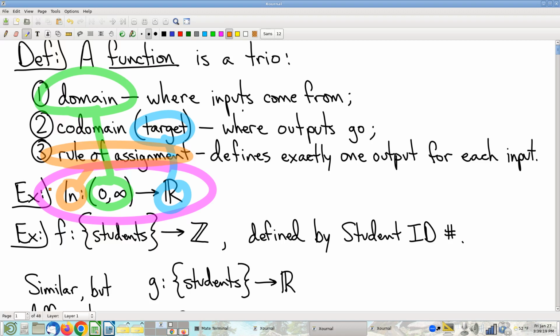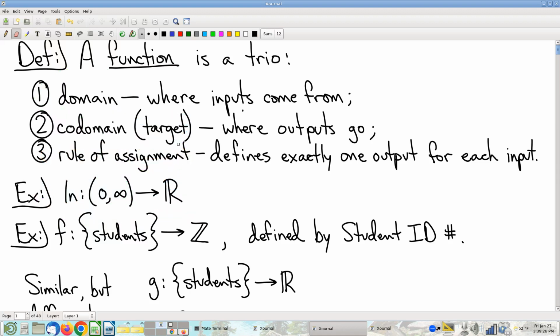It's a pre-existing defined thing, so I'm going to call that the formula. So again, three things. Notice also the notation here. This is a very common notation I'm going to use a lot, where the function has a name. We write the name first, colon, which means, okay, now, pause, let me tell you a couple things about this function. And then domain, arrow representing the action of the function, taking things out of the domain and putting them into the target. Okay. All right, so very common notation.